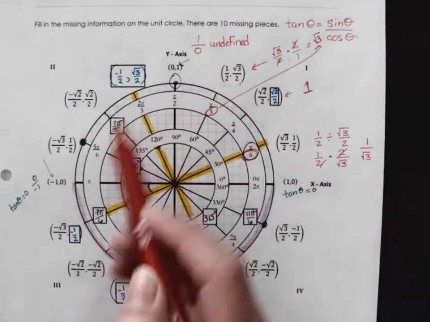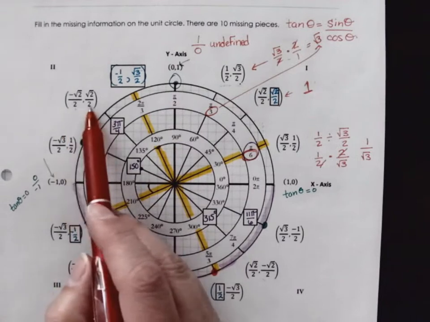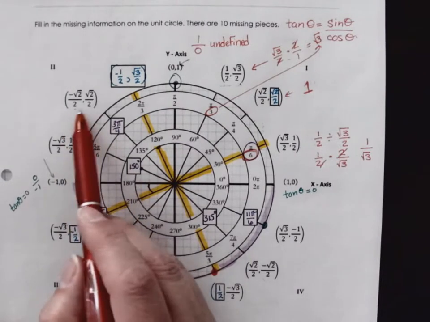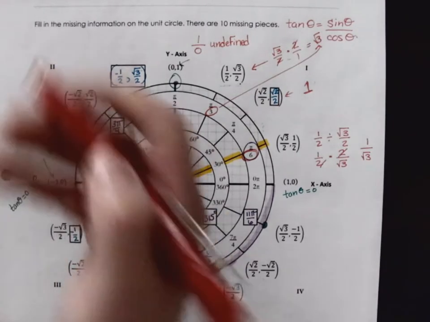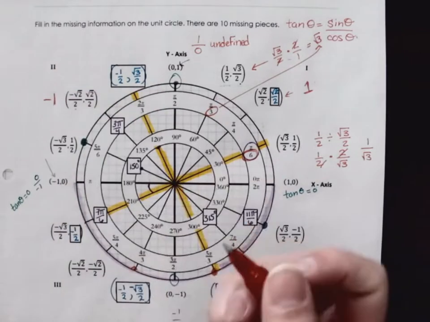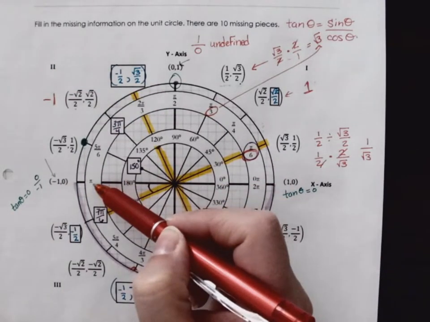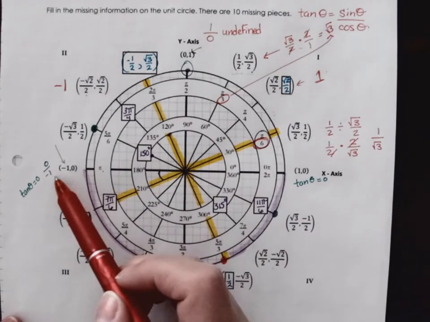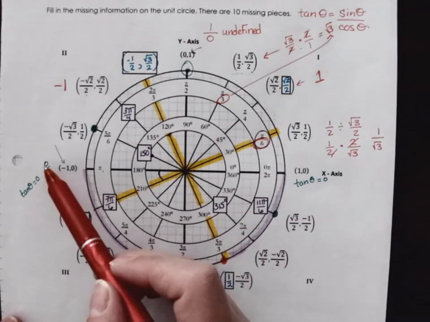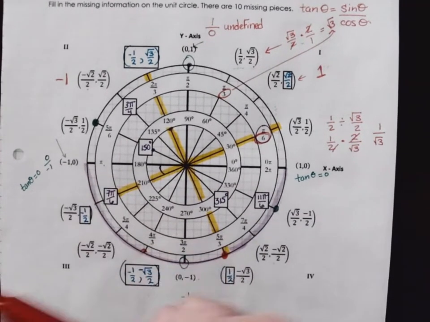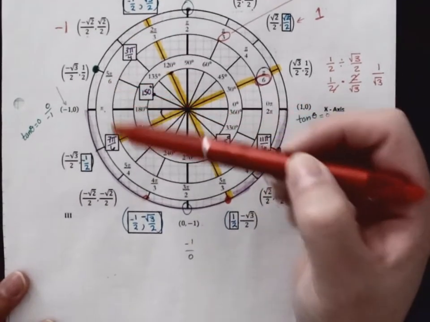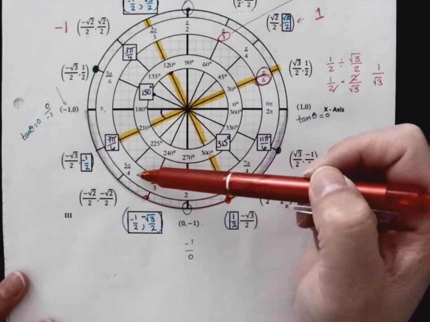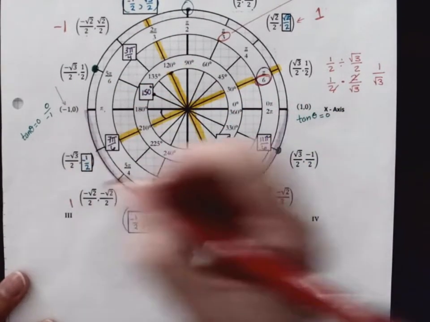Okay, so again, I'm going over here. I'm going to 3 pi over 4 as my next spot. What's the tan value here? Negative 1. And at pi, it's 0. Oh, look at that. Tan theta equals 0 because it's 0 over negative 1. So that has a value of 0. I'm going to come down to 5 pi over 4: positive 1.